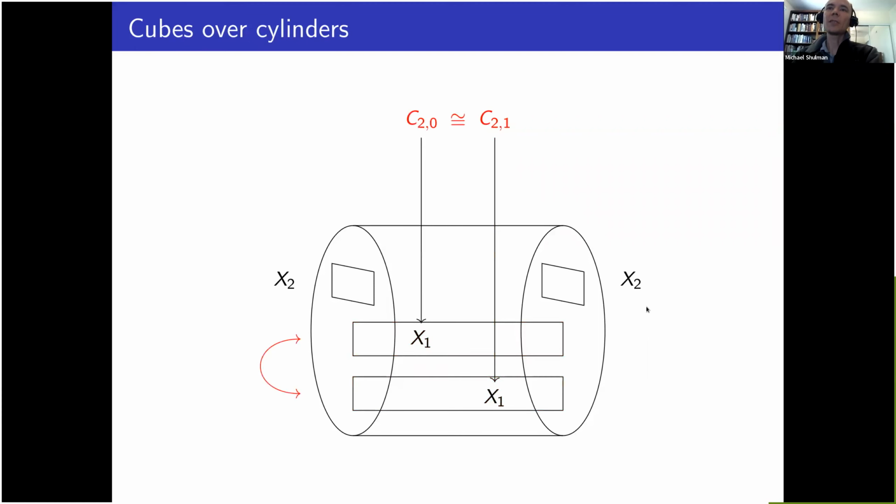And so if you think about what that means upstairs, we have a similar action of the symmetric group up here, which gives us an isomorphism between these two C objects. It maps this X1 to this X1 by the identity map, and so it has to map this object up here to this object up here by some isomorphism. So up to isomorphism there was really only one object C up here.